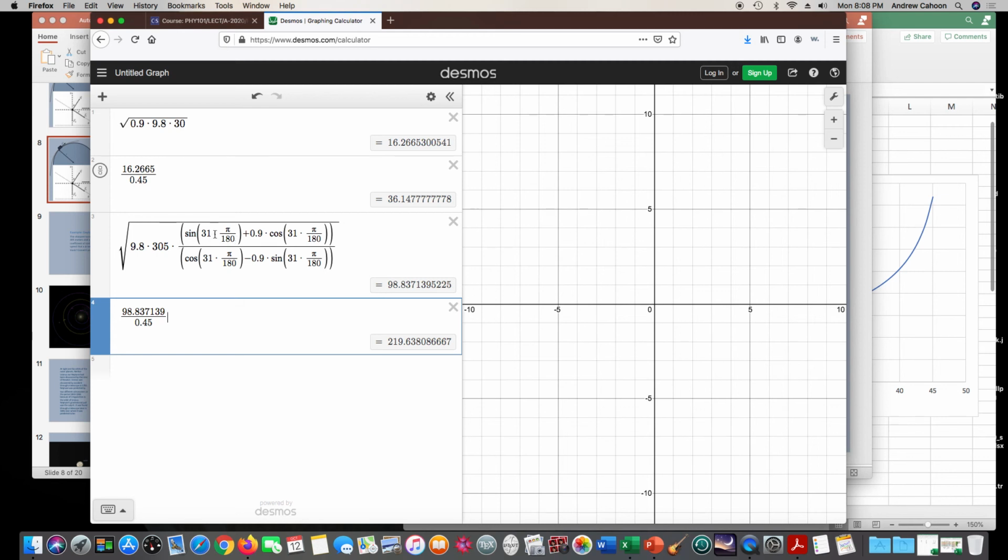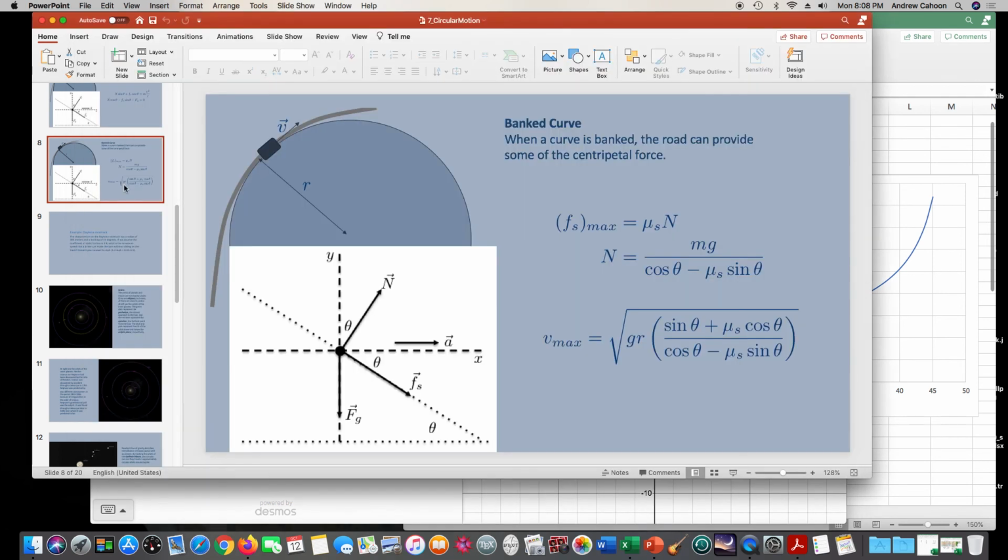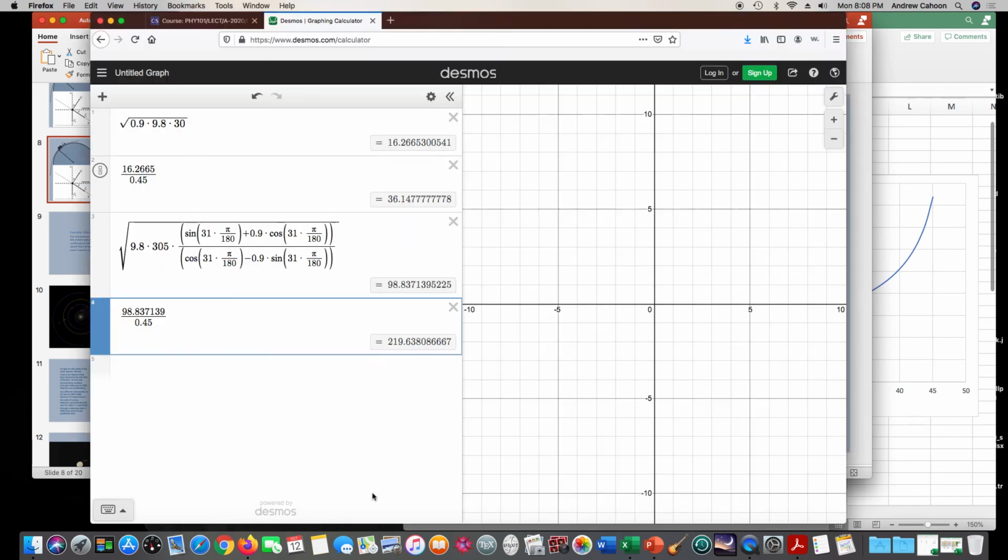But I take the sine of that angle plus 0.9 times the cosine, and then divide by the cosine minus 0.9 times the sine. That's what the formula is telling me to do. Sine plus 0.9 cosine, cosine minus 0.9 sine. So all of that put together in this formula gives an answer of 98.8 meters per second.